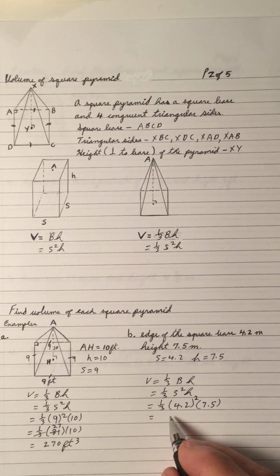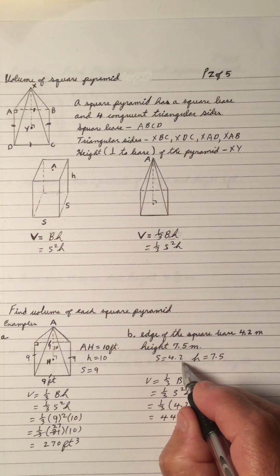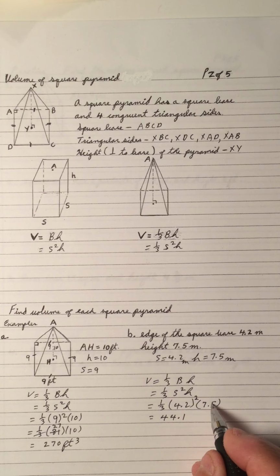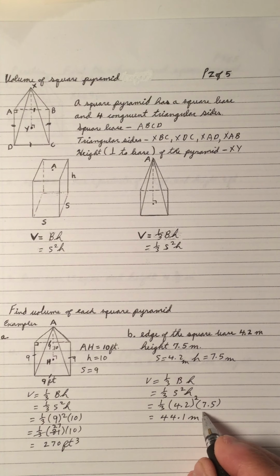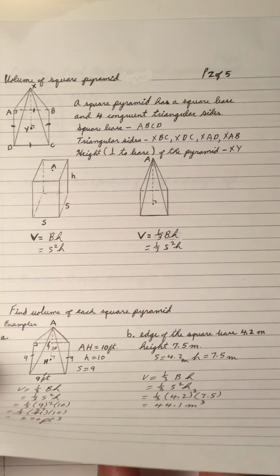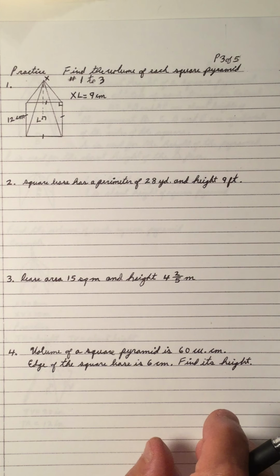So when you multiply all that out with a calculator, you get 4.1, and the units are meters. So area times the distance gives you a volume in meters cubed. The volume of a square pyramid is 1/3 S squared H.